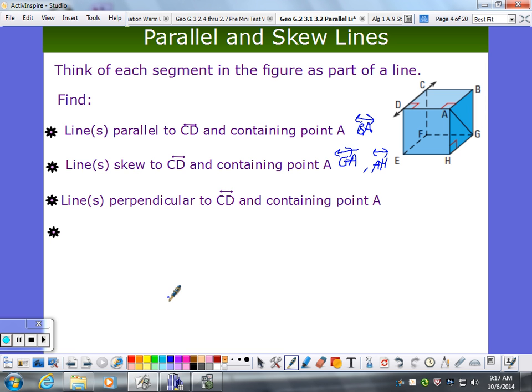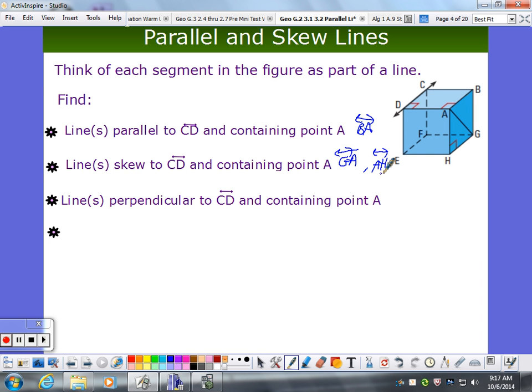Lines perpendicular to CD and containing A. Perpendicular to this, containing point A. What do you think?